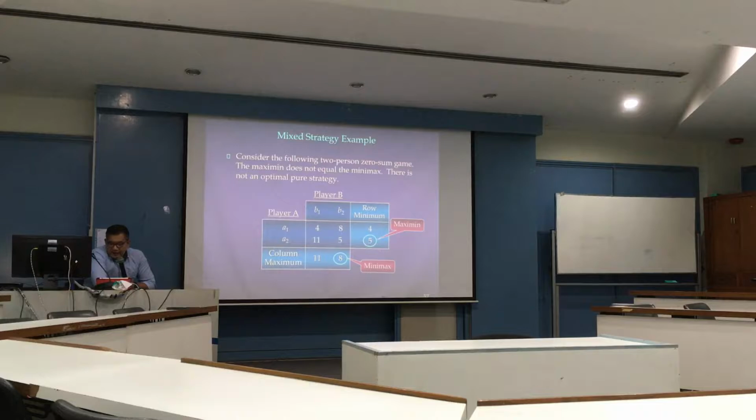In this case, 5 and 8 are not equal, so we call it the mixed strategy. So how can we find the solution?